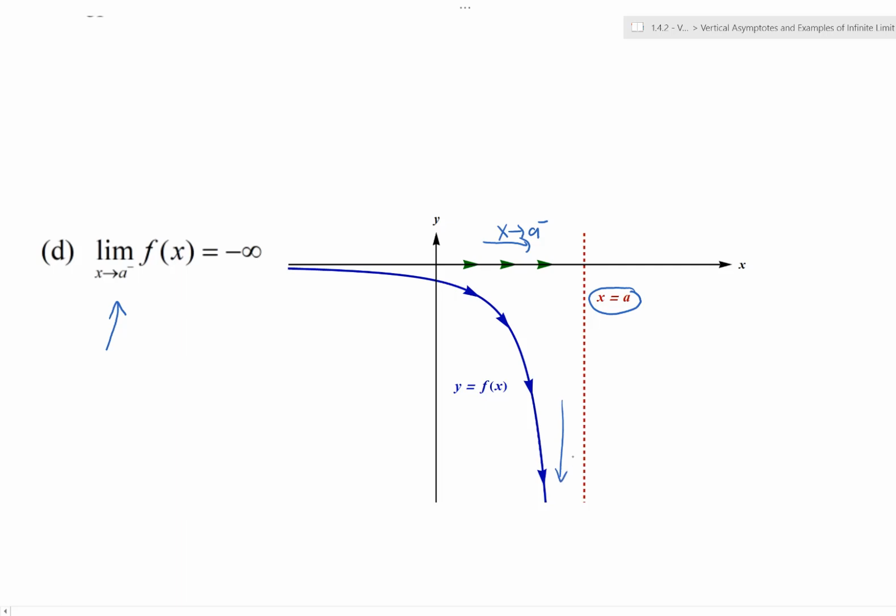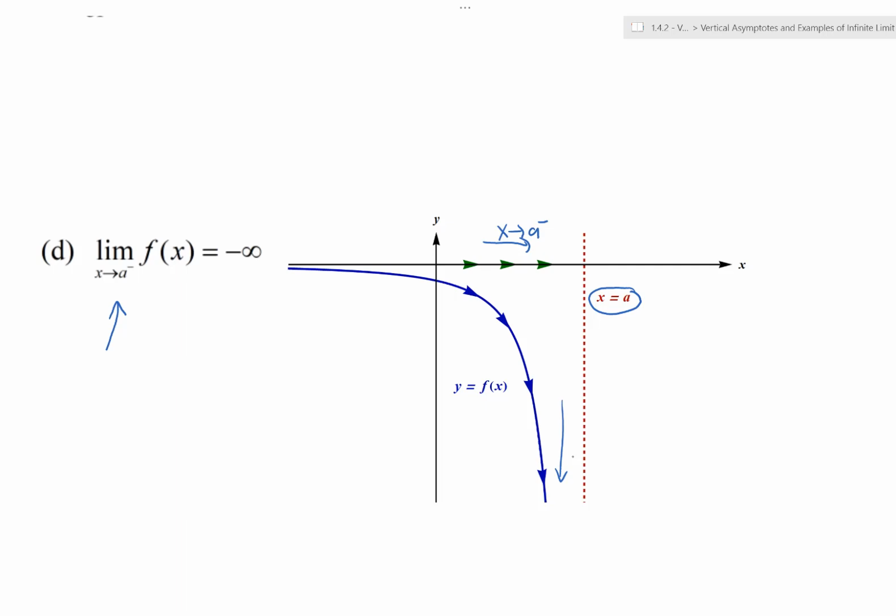Again, keep in mind, when any of these situations happen, the limit as x approaches a from either direction, or both directions, doesn't exist. However, we can use the notation here to give us some meaning behind what's actually going on in the situation.